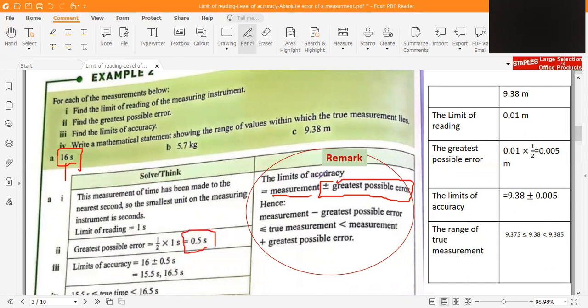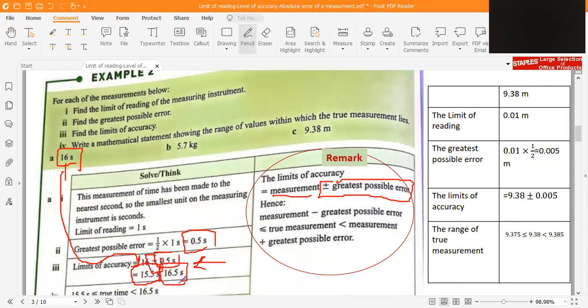So the limits of accuracy are equal to the measurement, 16, plus or minus 0.5, the error. So we obtain 16 minus 0.5, which is equal to 15.5, and 16 plus 0.5, which is equal to 16.5. In this step, when we obtain the limits of accuracy, we obtain the lower limit, 15.5, and the upper limit.